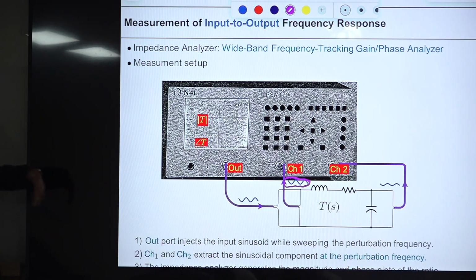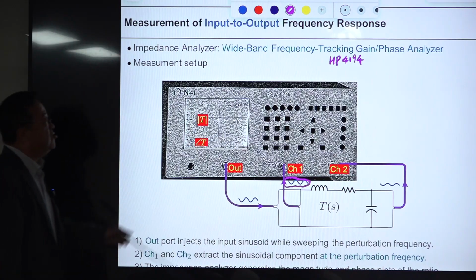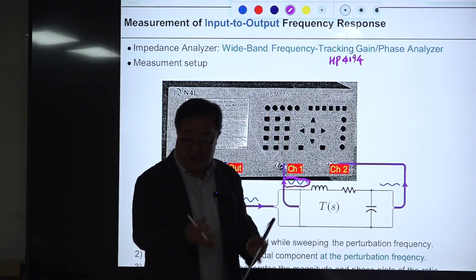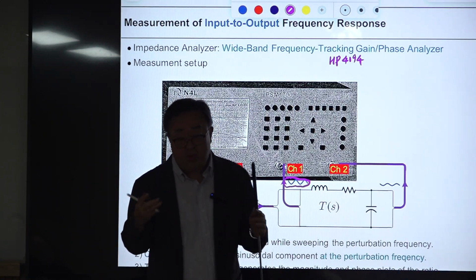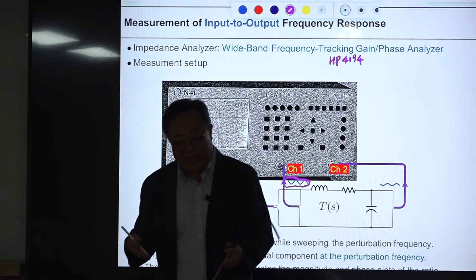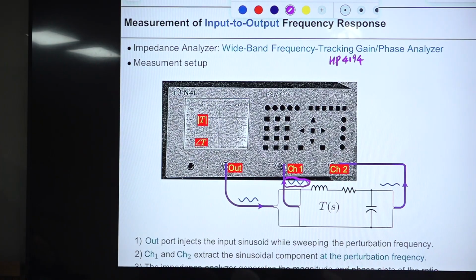There are many variations of this equipment. The legendary one is this very old HP 4194. HP stands for Hewlett Packard. They are brothers, Hewlett and Packard. They established a company and they made this equipment.